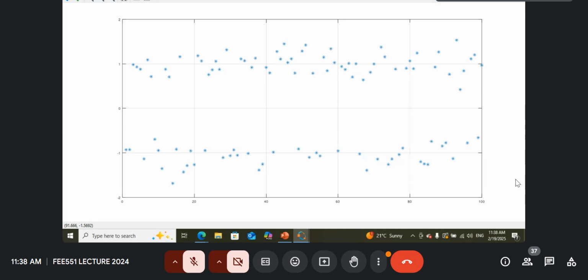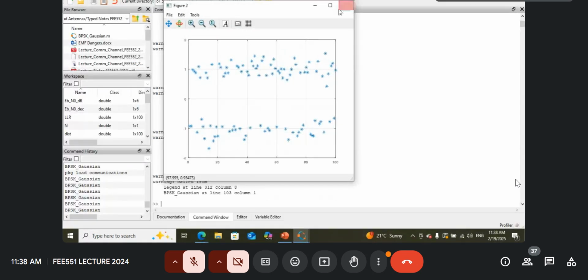So anything that is near a positive 1, we decode that a 1 was transmitted. If it is near a negative 1, we decode that a negative 1 was transmitted.